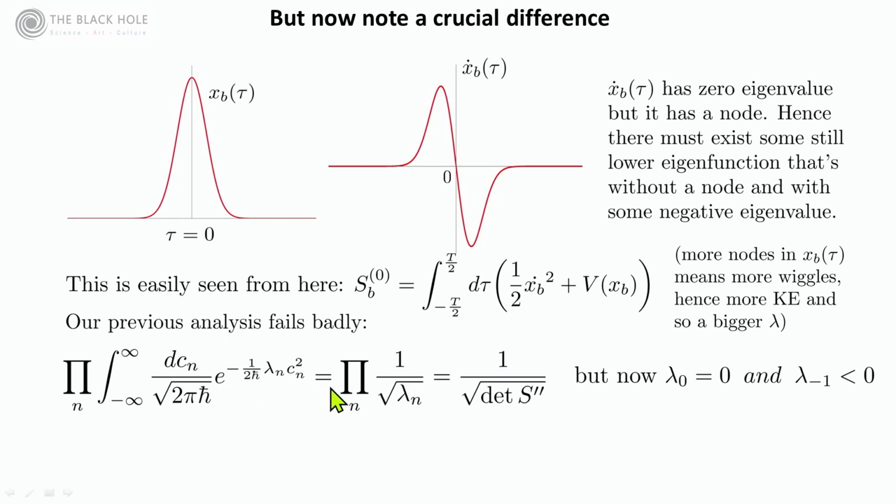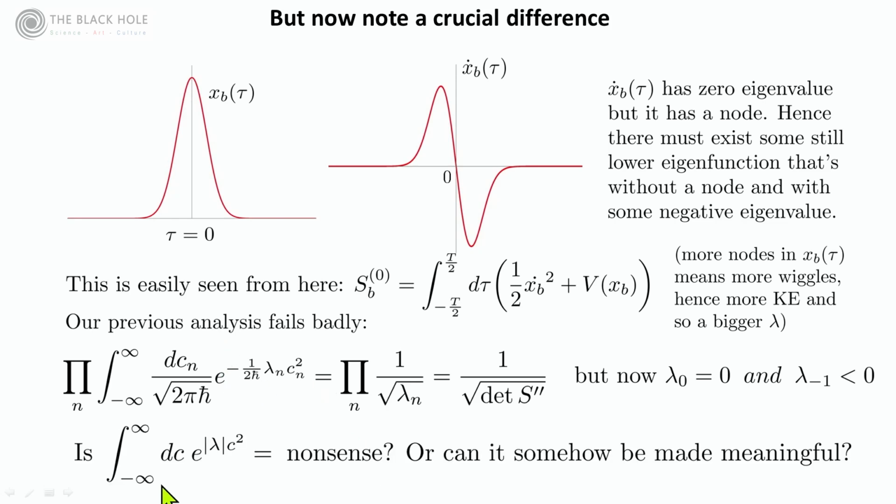And so we have something like this: we have to do an integral over c of e to a positive number times c squared, and that doesn't seem to make any sense. So is it possible to make sense out of nonsense? I mean, this is badly infinite. It's not only infinite, it's badly infinite.